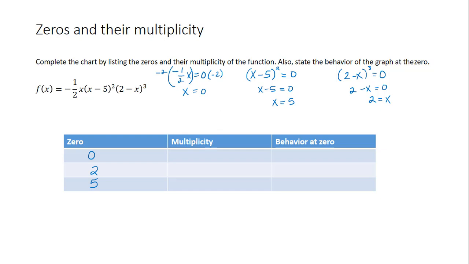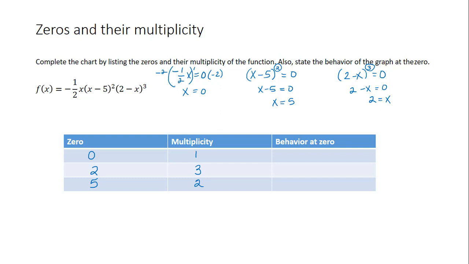Remember that the multiplicity is the exponent of the factor that involves that 0. So 1/2 x, x is raised to the 1, so that's a multiplicity of 1. The 2 comes from this cube expression, so the multiplicity is 3. 5 comes from that squared expression, so the multiplicity is 2.